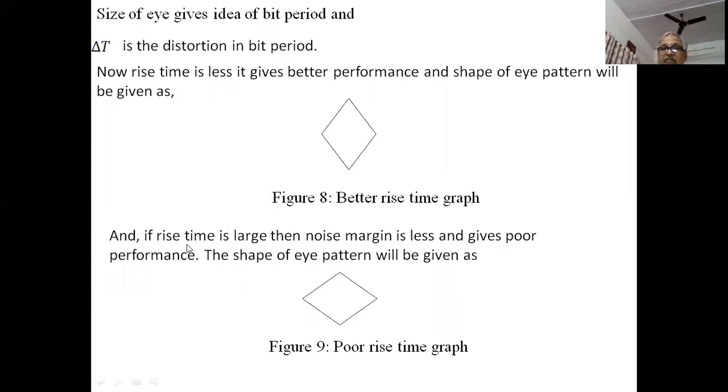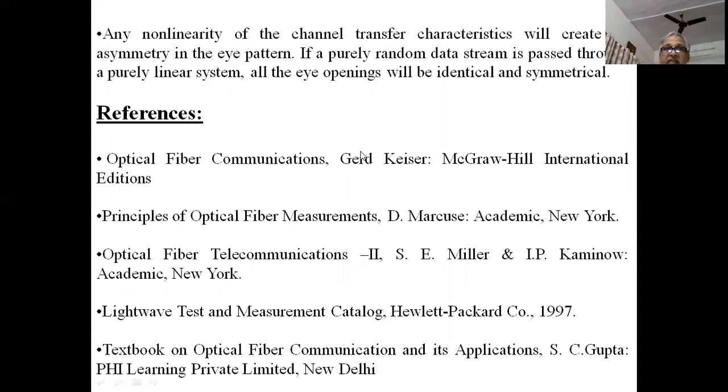Similarly, if rise time is large, then noise margin is less and it gives poor performance. The shape of the eye pattern will be such that the vertical height is less in comparison to this. So this gives poor performance and this gives better performance in terms of rise time.